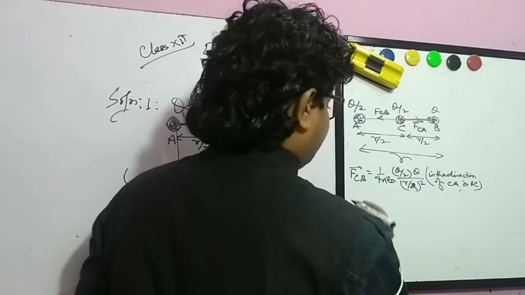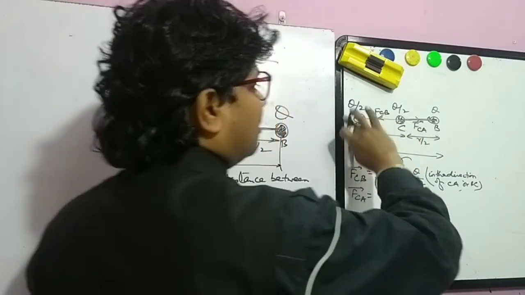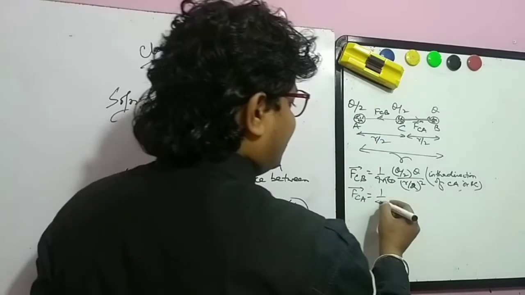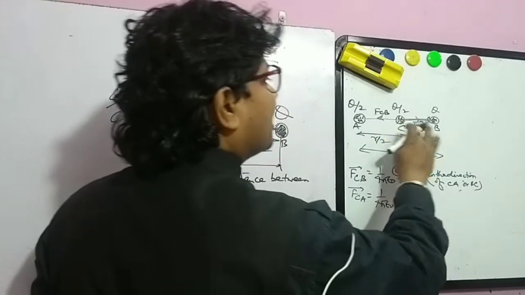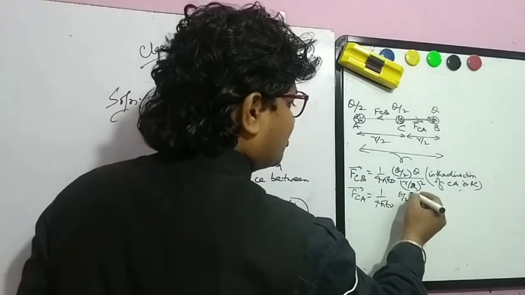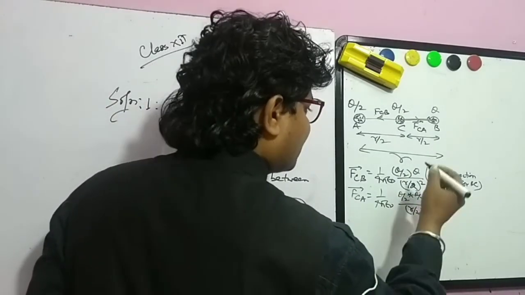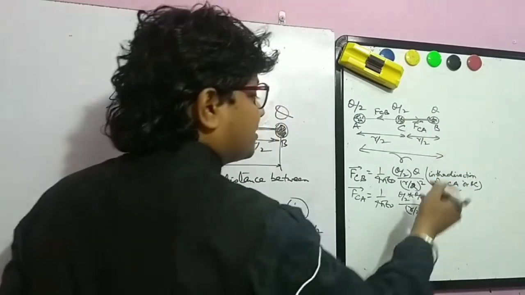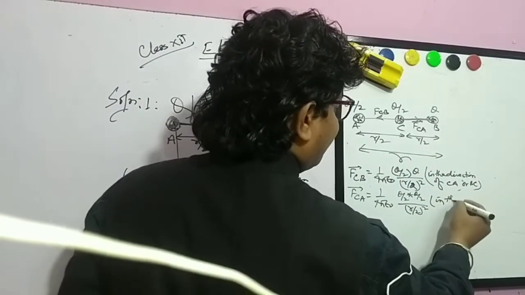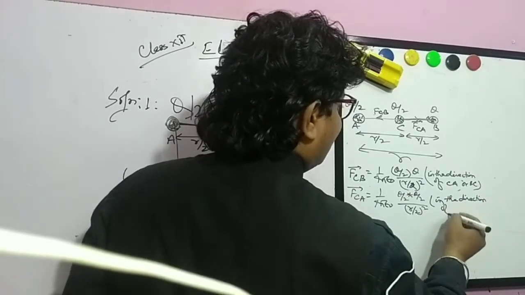Now if we want to calculate the force on C due to A, it will be 1 upon 4 pi epsilon naught, and this is CA. So what we are getting is q by 2 into q by 2 divided by r by 2 whole square. And what is the direction?